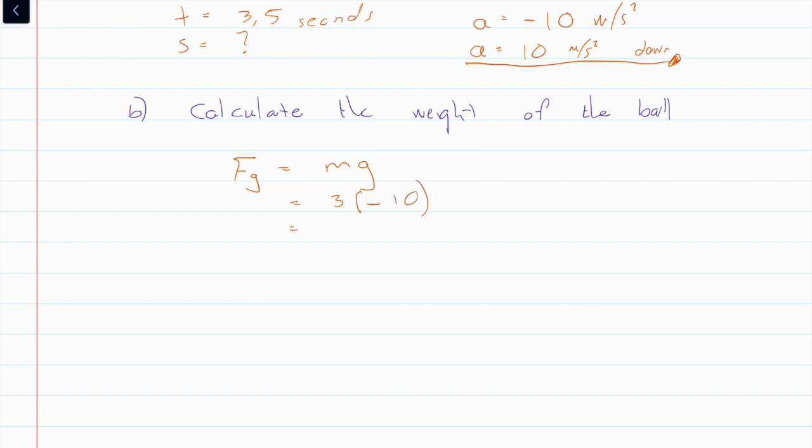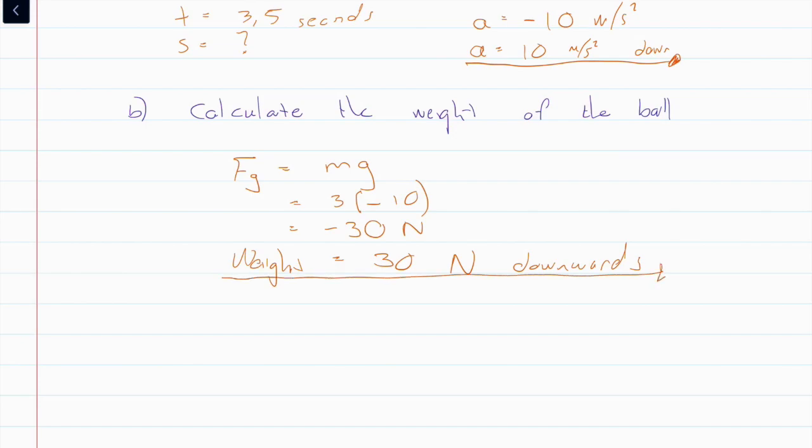So we're left with minus 30 newtons, and again, that is just an indication of direction. So weight is equal to 30 newtons downwards. That is the final answer for that.